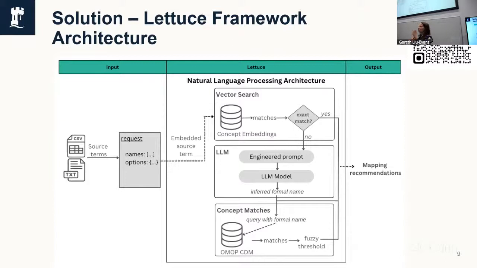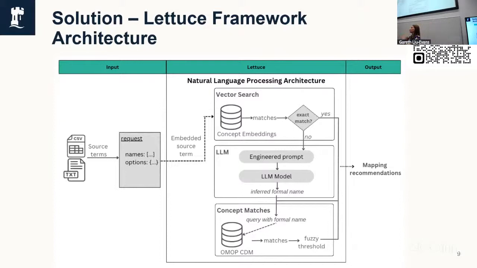If not, we take the top 10 results from the semantic search and give them to the LLM. The LLM will use RAG, which is retrieval augmented generation. So it uses the OMOP data in its rationale, and it will decide which ones are the best suggestions.